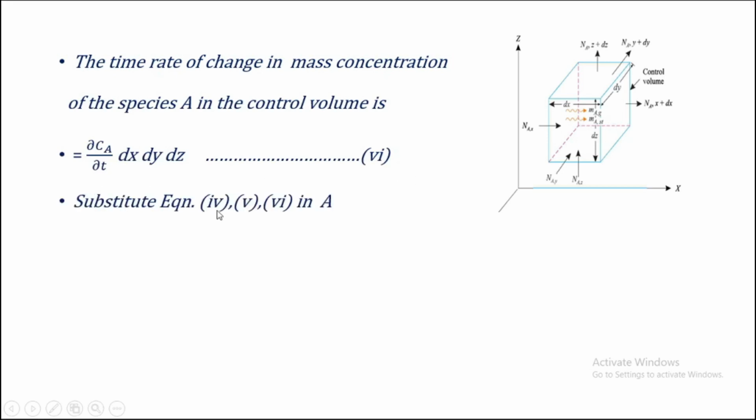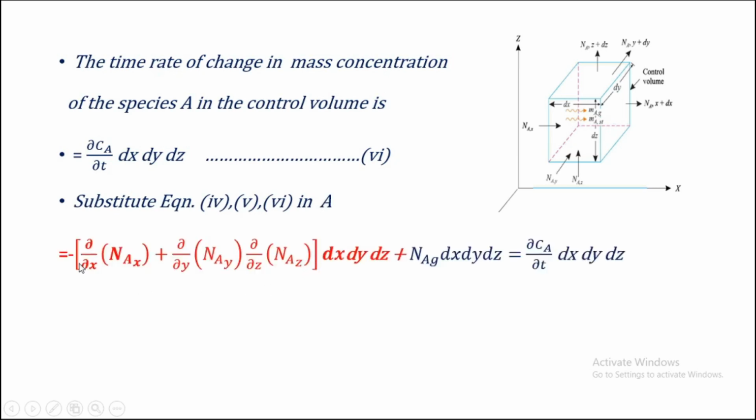So now substitute equations 4, 5, 6 in the first generalized form, that is equation A. We will get this form. So that will give minus ∂/∂x of Nax plus ∂/∂y of Nay plus ∂/∂z of Naz into dx dy dz. That will give the net accumulation of species A along the control volume.